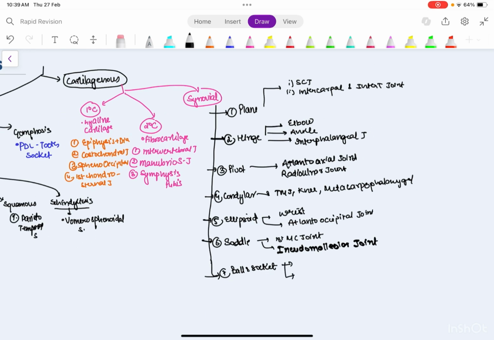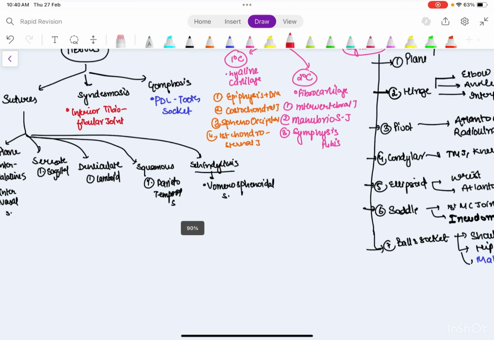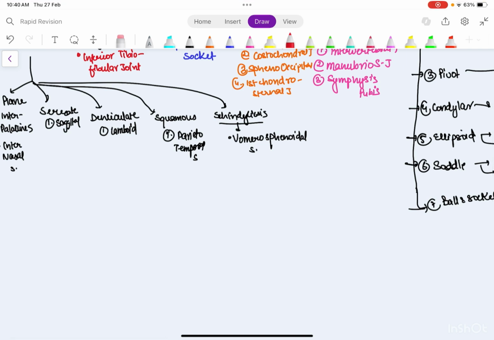Then in ball and socket, obviously we have the shoulder, hip, and we have the incudo-stapedial joint. All right, now these two examples are usually the most asked ones.